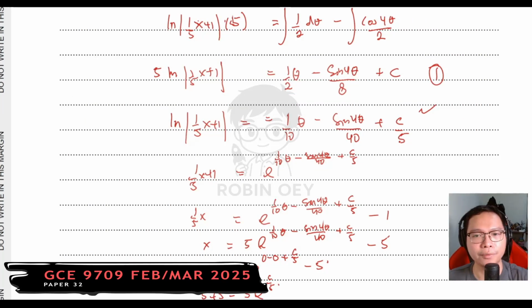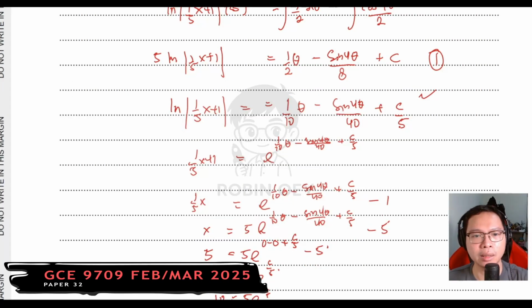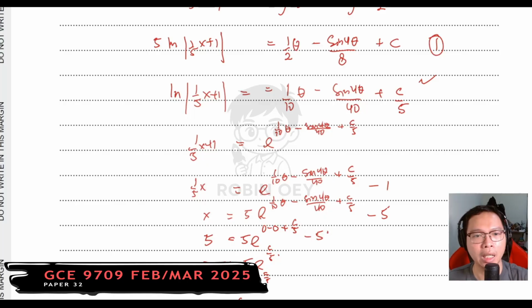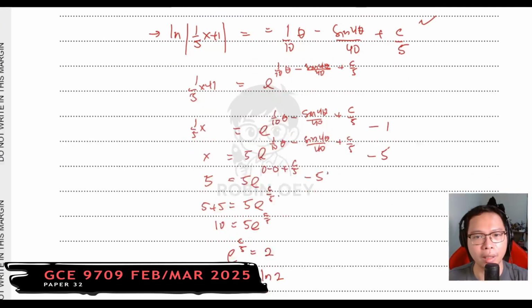After the simplification, I erase the natural logarithm here by using the Euler. Then it will become this form.